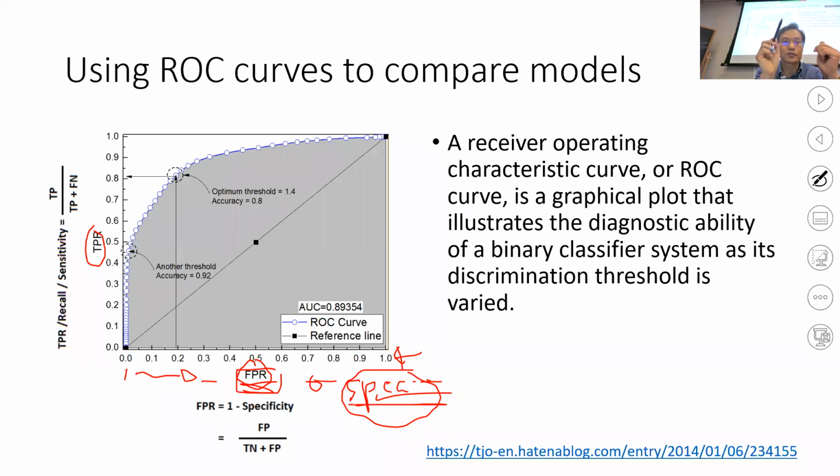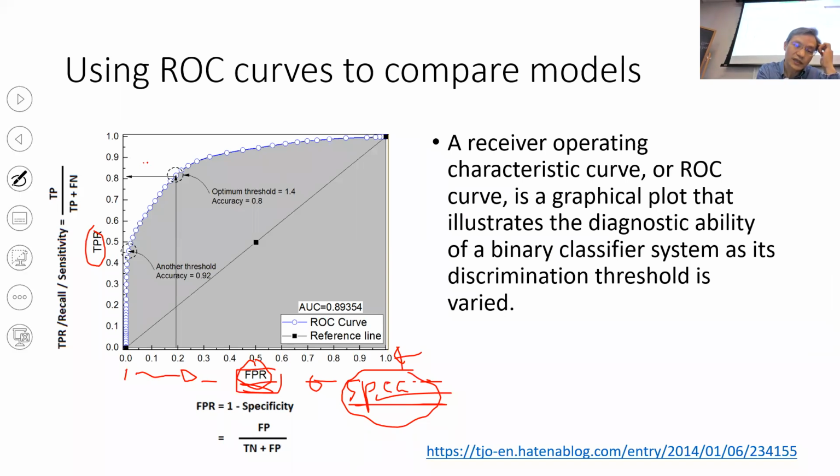This good result should be in your top left corner, somewhere here. The best result you can get should give you a high true positive rate and a low false positive rate, somewhere here.